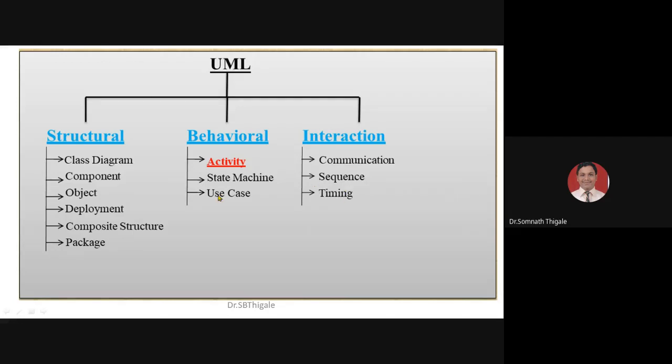This is the basic idea about UML diagrams that you are already aware of. In today's session, we will focus on behavioral diagrams, mainly the activity diagram and state machine diagram. But just to understand it, I will also show you one small use case diagram.